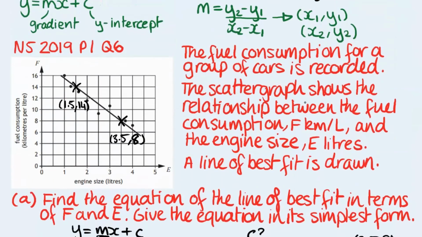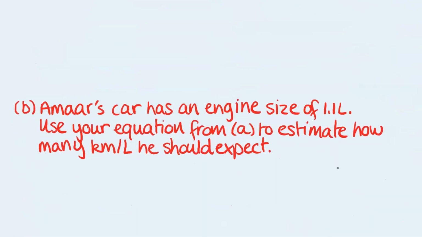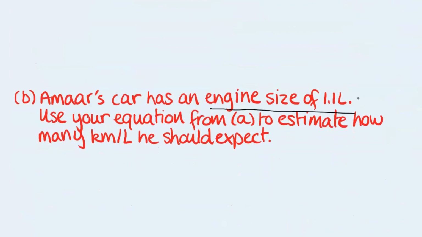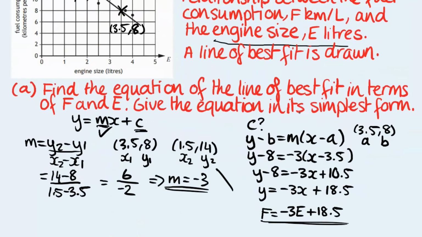Okay, now what letter is engine size? If you look at the question here, engine size is denoted by E. Okay, so we know that E is equal to 1.1 litres. Then we have to estimate how many kilometres per litre he should expect. Well, which letter denotes kilometres per litre?